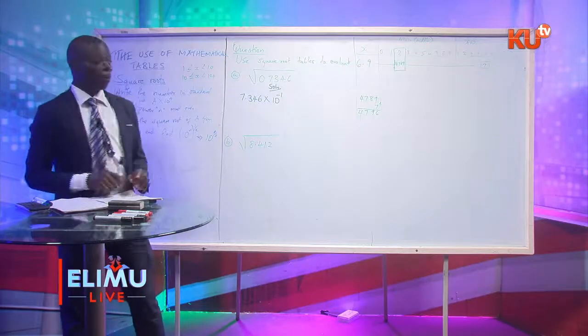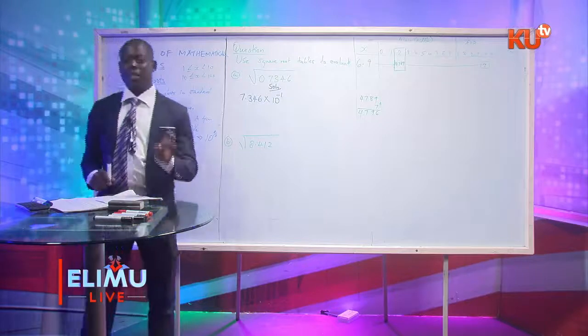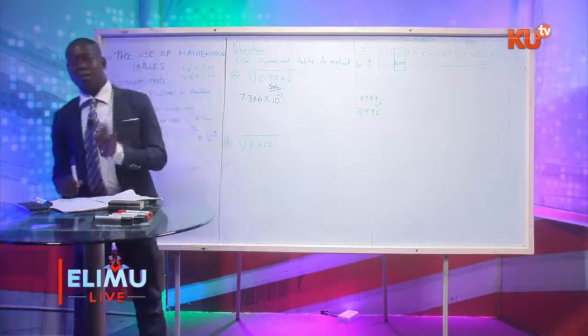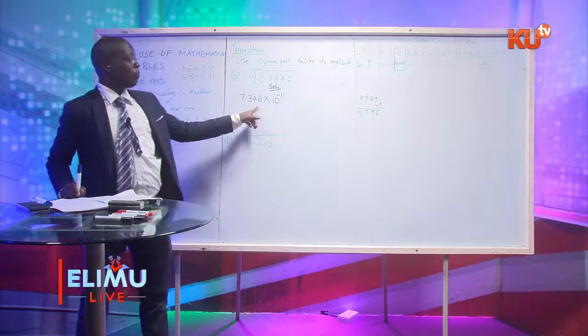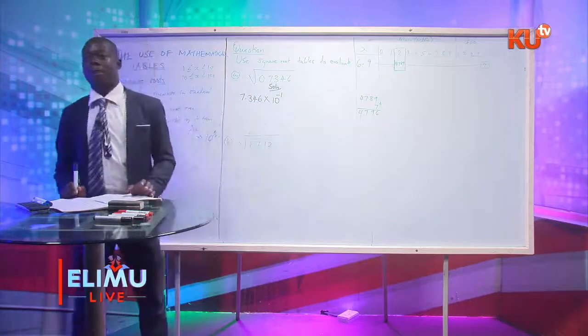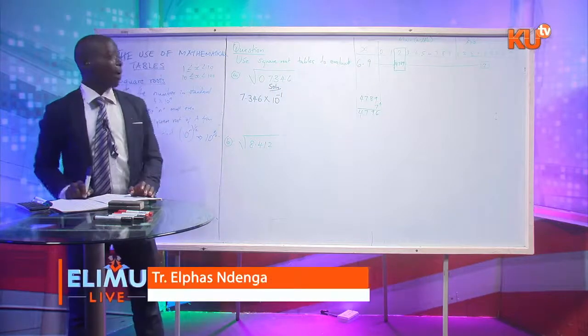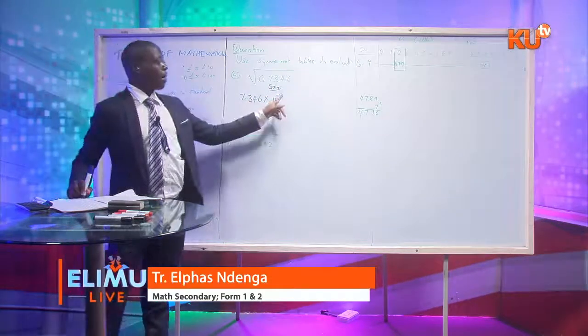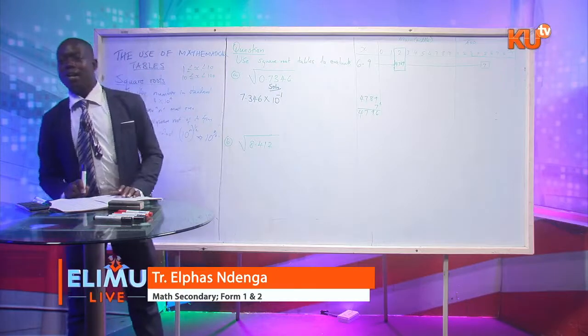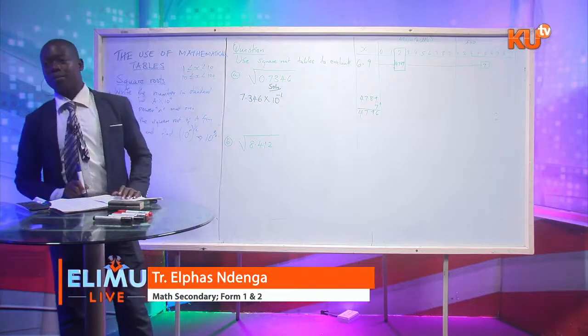If we were using other columns, let's say squares, cubes, logarithms, we would be allowed to use it as it is. But now in square roots, we are changing that logic because the power n must be an even number, and negative 1 is not even.